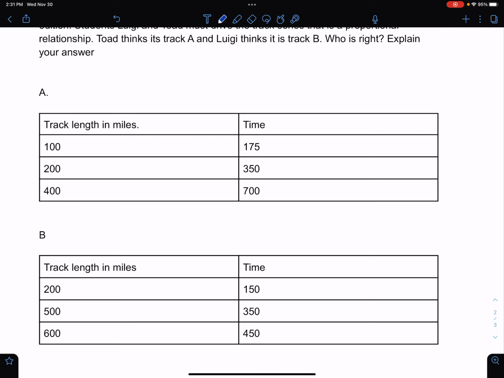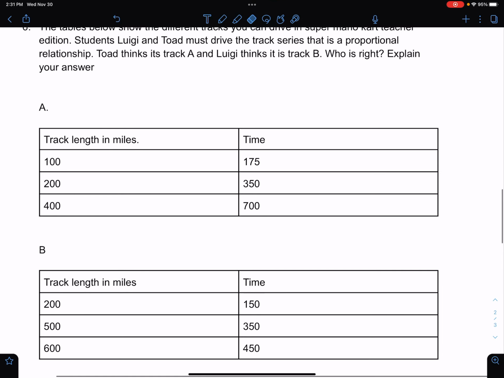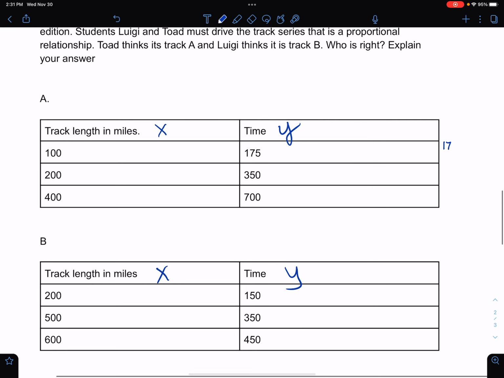So let's see, I don't know which one is y and x. So we're going to go with y is here, x is here. So if I put 175 over 100, I don't want to reduce that one.